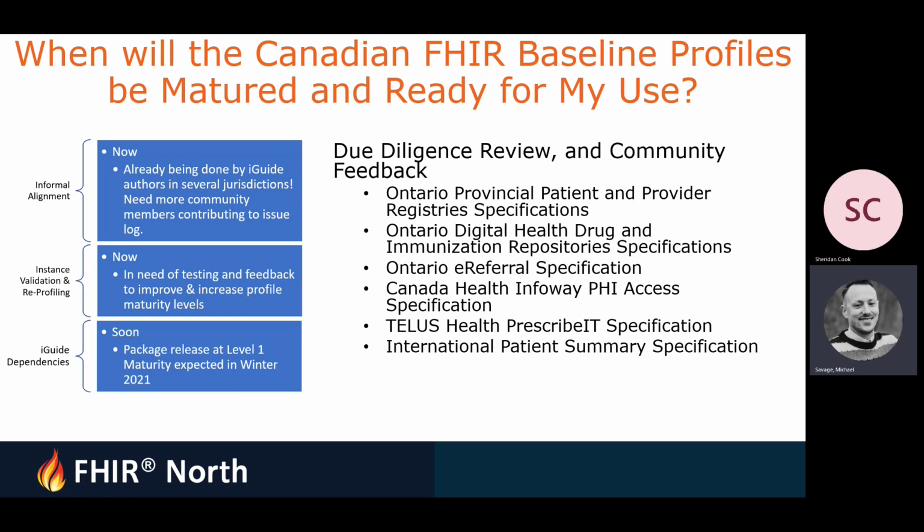And if, across enough different I guides, we notice that the Canadian baseline has a particularly strict cardinality or a tighter value set binding than all these other guides, we might take that as a hint that we may have been a little overly prescriptive in the way we drafted the Canadian baseline profile for that particular resource, and we may flag that as a candidate for relaxation.